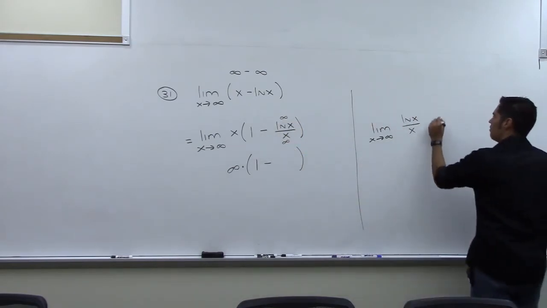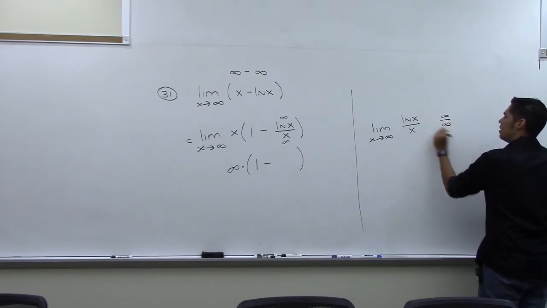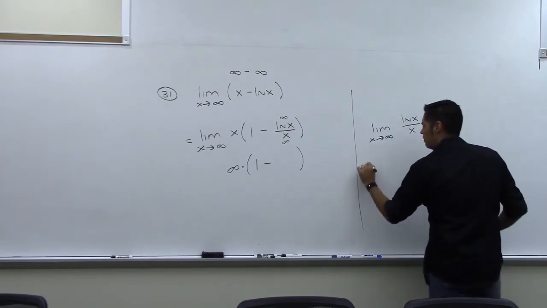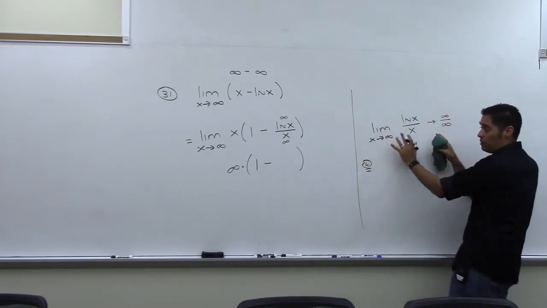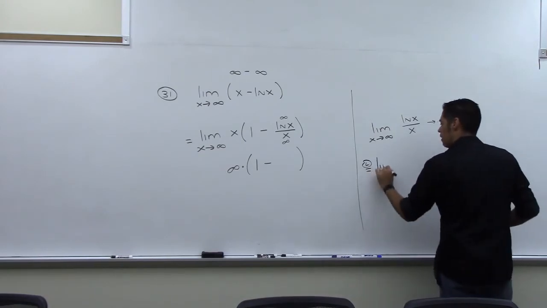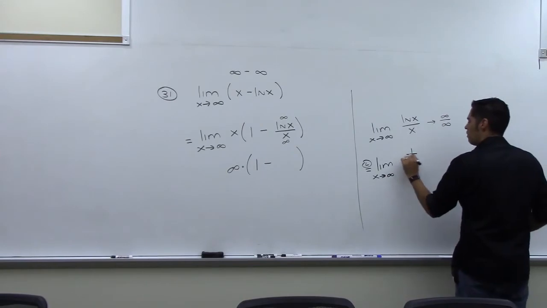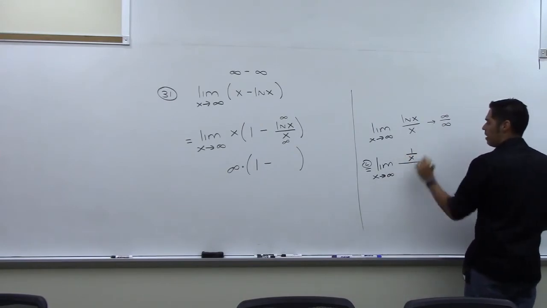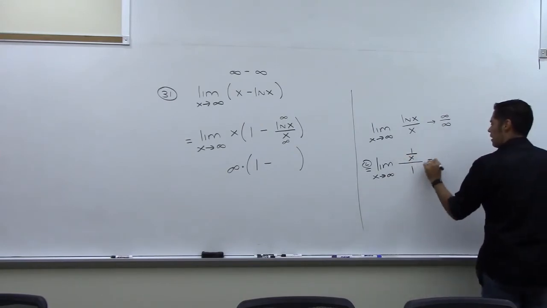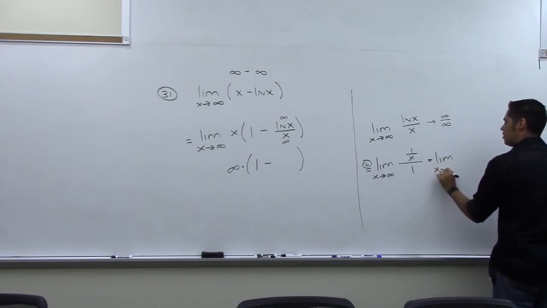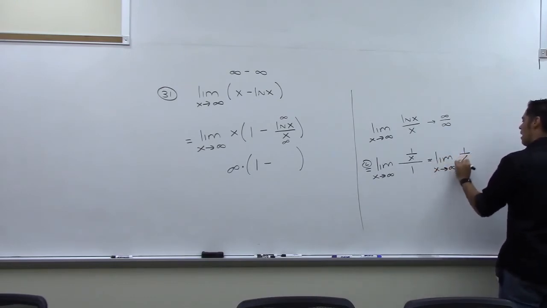Now here we have infinity over infinity. So I can use L'Hopital's rule. Within my scratch work, I'm using L'Hopital's rule. I'm going to take the derivative of the top, derivative of natural log of x is 1 over x, and then derivative of the bottom, which is 1. Now I don't need that 1 on the bottom, so this is just 1 over x.